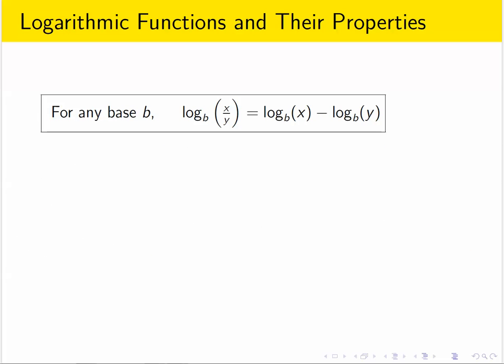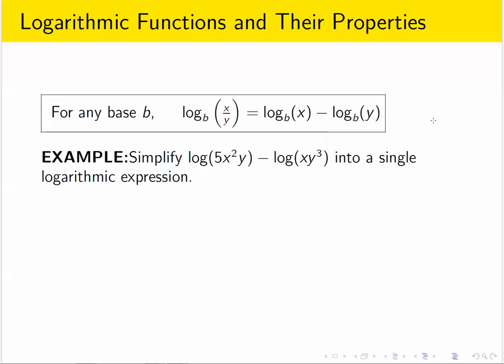A similar related rule for logarithms is this one. Just like multiplication inside becomes addition of the logarithms, division inside becomes subtraction of the logarithms. Let's use that to combine this difference.